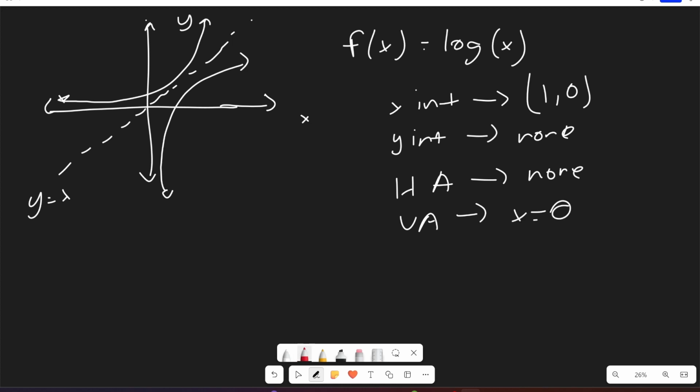On this graph, we would have a vertical asymptote going down like that, and that is x equals 0. You just need to remember that the log graph is the inverse of the graph f of x equals a b to the x. So that's basically all there is to know about the log graph.